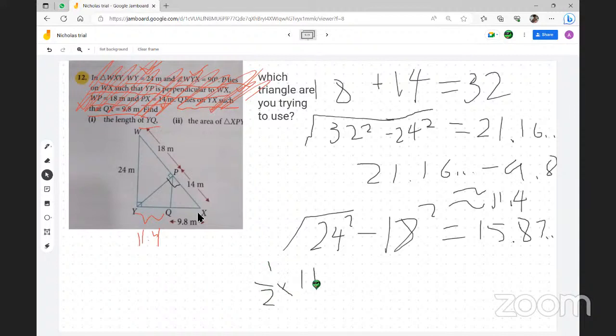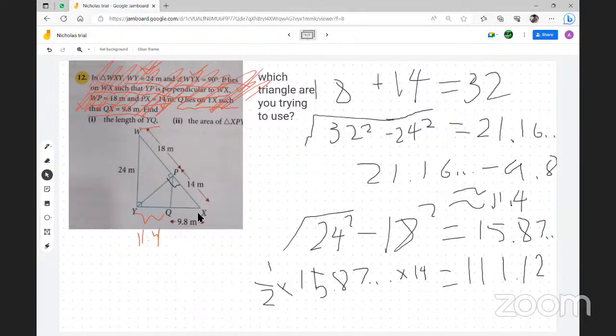Now, if you feel ready, let's consult the answer key. Let's see. And the answer key for 12. Yep, that's 12 part 1.